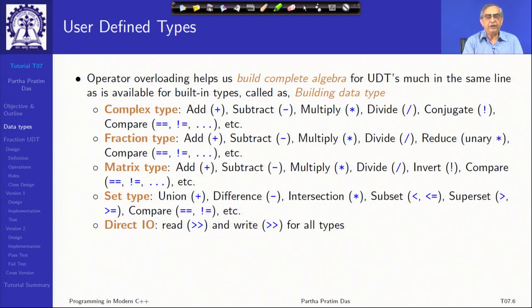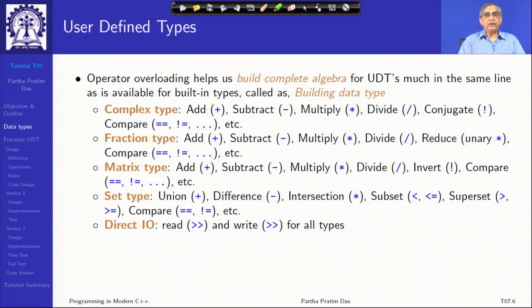So, we have often taken example in different places in the module of operations being done on the complex type, right, like add, subtract, multiply, divide, take conjugate of and so on and so forth. In fact, the complex type is also available in the standard library. In addition, we can ask for a fraction type which deals with fractions and does several algebraic operations.